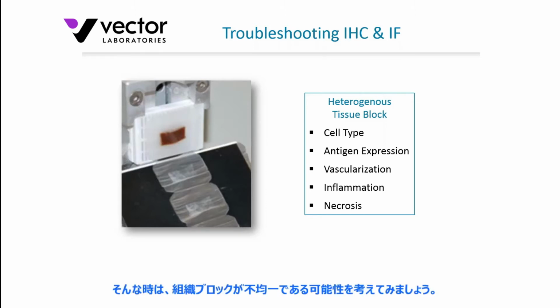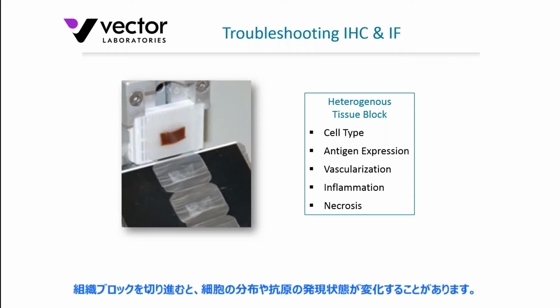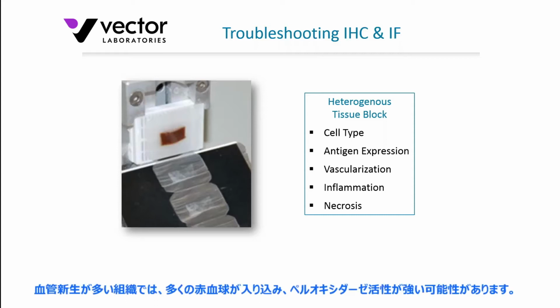Take a step back, take a deep breath, and just understand that certainly you're probably working with something like a heterogeneous tissue block. And the further you cut sections into this block, there may be varying degrees of cell type expression, which may have varying levels of antigen expression on them. Indeed, there may be areas of highly vascularized tissue that may introduce erythrocytes in there, bringing in additional peroxidase activity, for example.